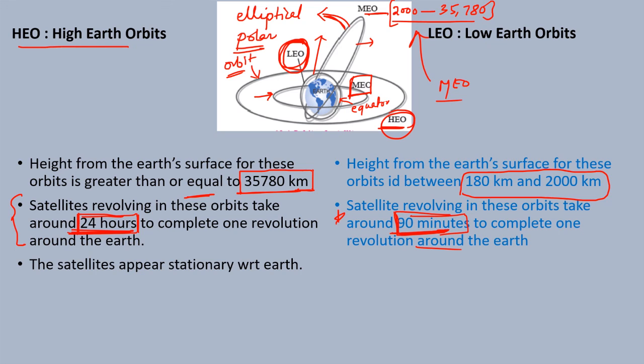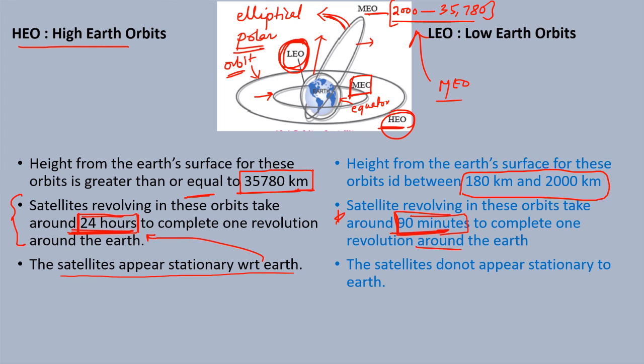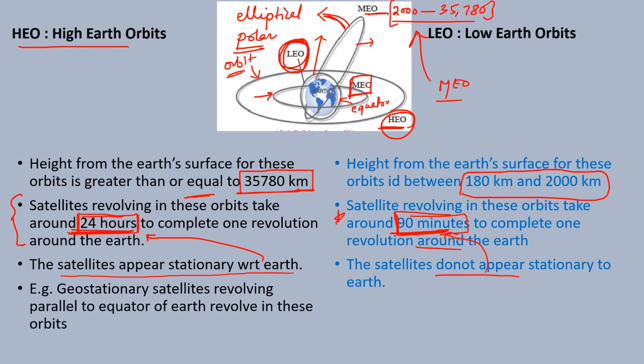Now the third point for HEO is that the satellite appears stationary with respect to Earth, because it is the same time: 24 hours for Earth's rotation and 24 hours for them to complete one revolution, so they appear stationary. Whereas low Earth orbit satellites do not appear stationary because they take only 90 minutes to complete one revolution around the Earth. In the case of HEO, an example is a geostationary satellite revolving parallel to the equator.